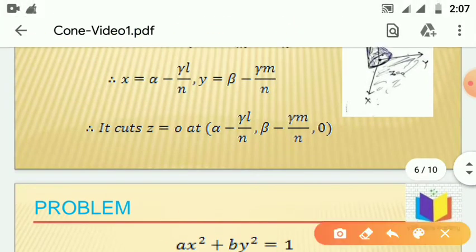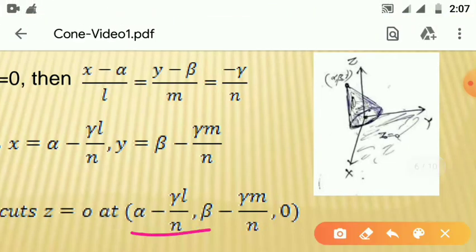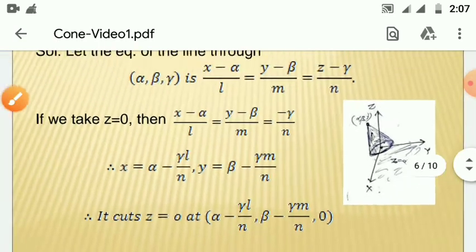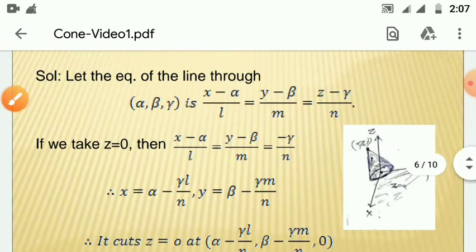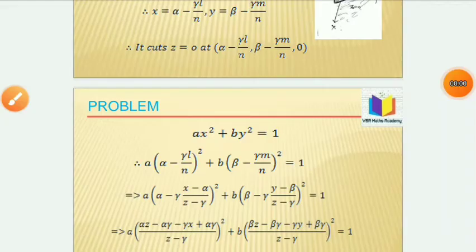Also you can see that this point lies on the base curve. Therefore we can easily see that this point satisfies the equation of the base curve, that is ax square plus by square.